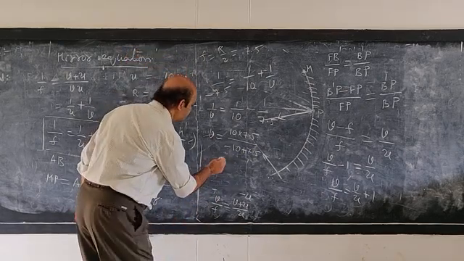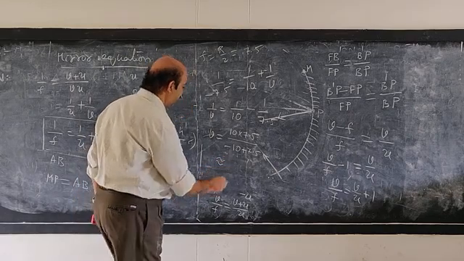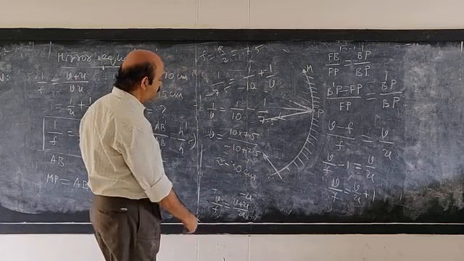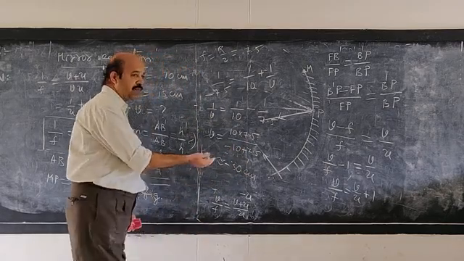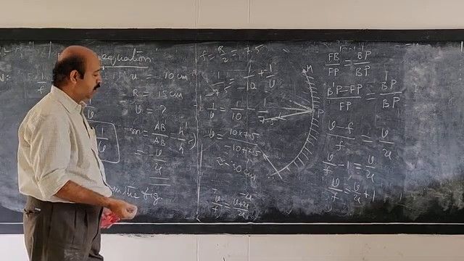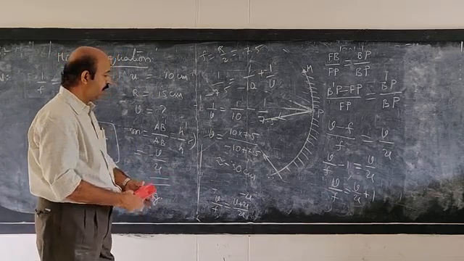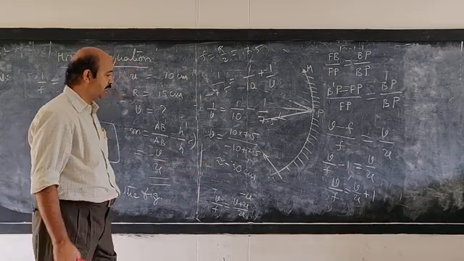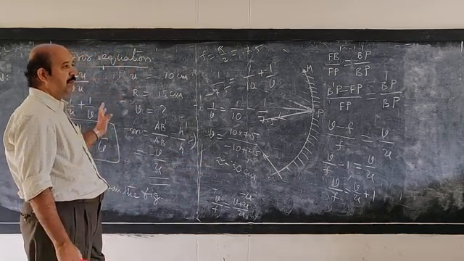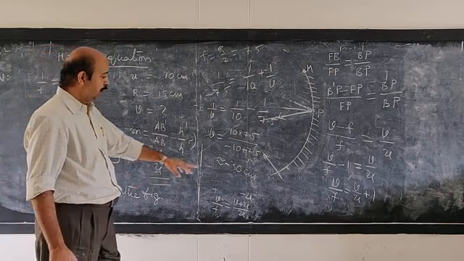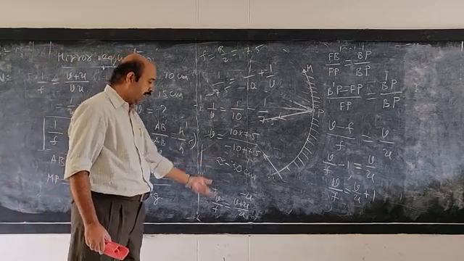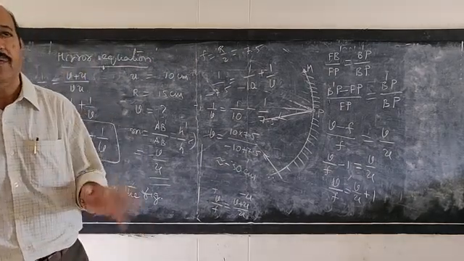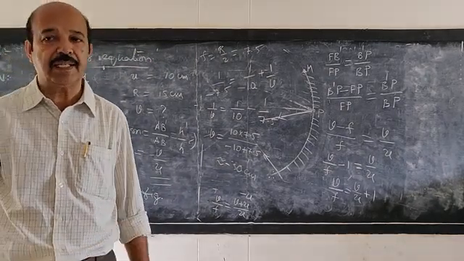Therefore, you will be getting nearly 30 centimeters with the negative sign, because the image is formed inverted. The image is formed at a distance of 30 centimeters from the mirror. It is an inverted real image. That is the image distance.